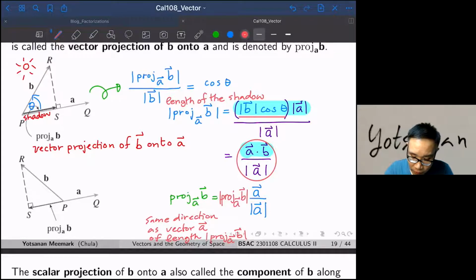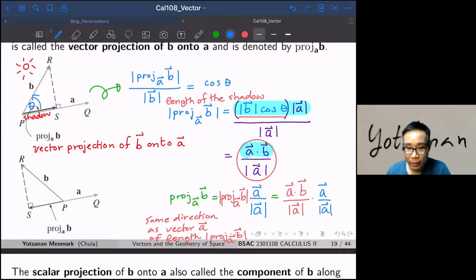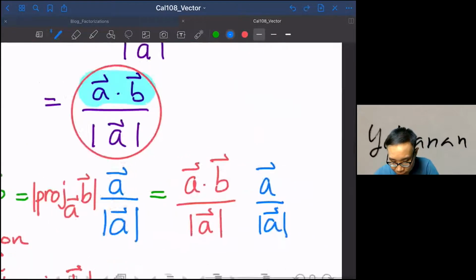So what is the norm of the projection? It's A dot B over norm A, multiplied with A over norm A. This is not a dot, so let me write the multiplication in a curly way so it does not confuse you.